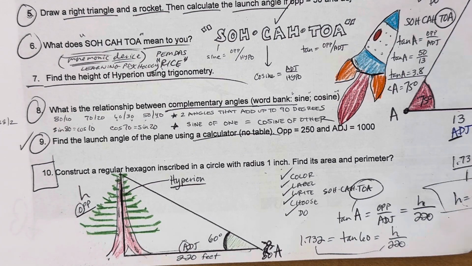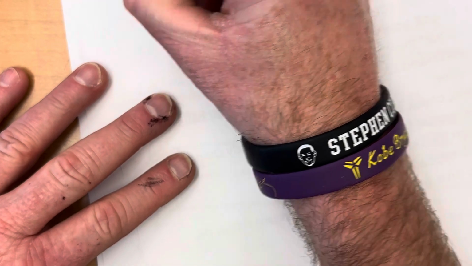This is a super fun problem. Okay, so again, regular hexagon inscribed in a circle, radius 1 inch.